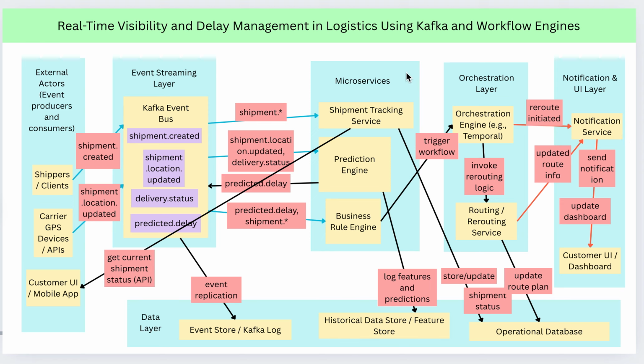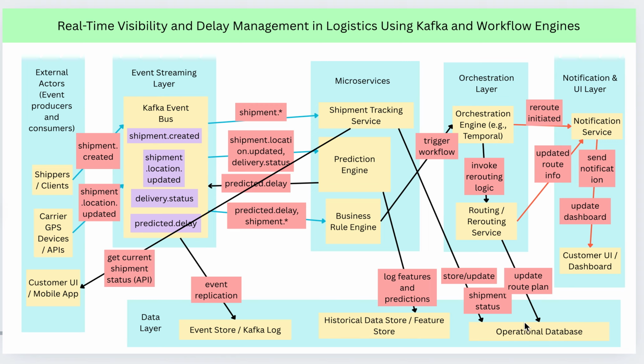Next, we have core microservices. The first one we have here is the shipment tracking service. This subscribes to shipment.start topics. It updates the operational DB with current location, shipment status, and timestamps.